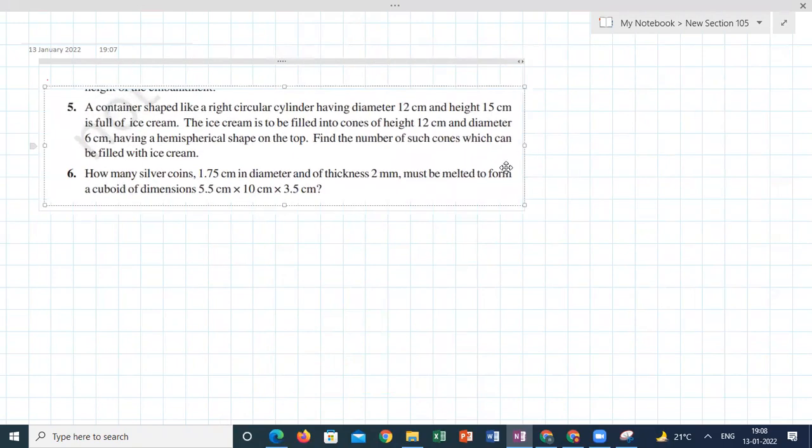How many silver coins we did? We have to go for the 7th one, it seems.